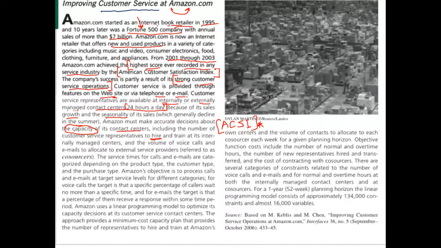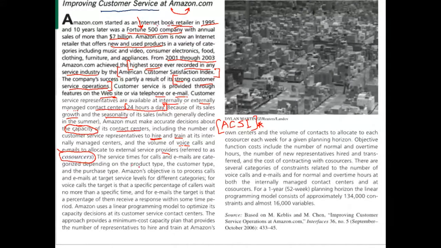So for that, we want to hire minimum number of people for the best service. So the number of customer service representatives to hire and train at its internally managed centers, and the volume of voice calls and emails to allocate to external service providers, referred to as co-sourcers. So this outsourced facility is called co-sourcers.